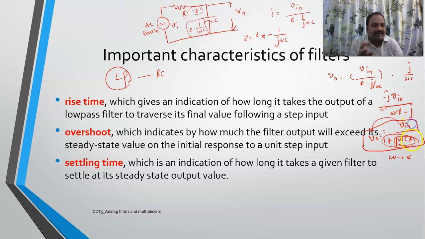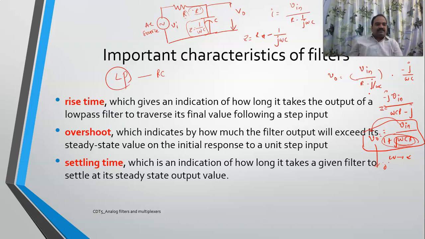So anything by infinity is basically 0. So V output becomes 0, right? This is the concept of a low pass filter. As the frequency increases, your output must be 0. As the frequency is low, your output value must be close to your input value, right? So a simple RC circuit is basically a representation of your low pass filter.